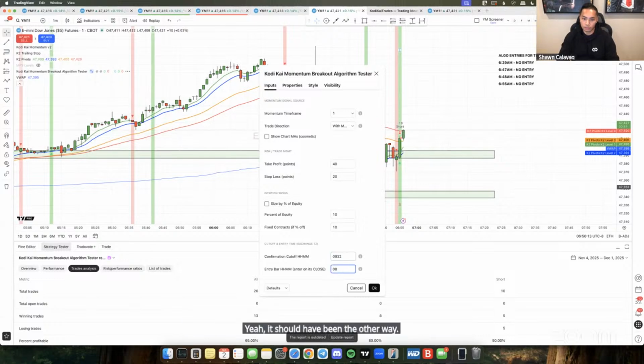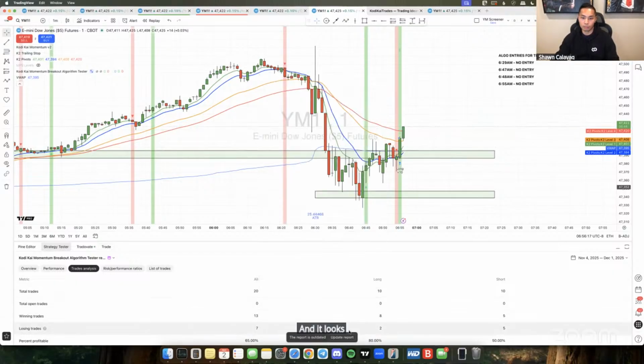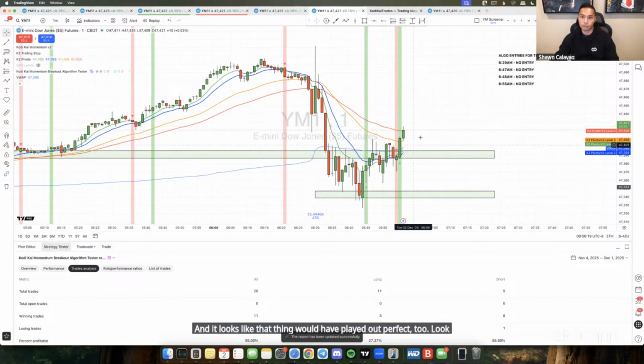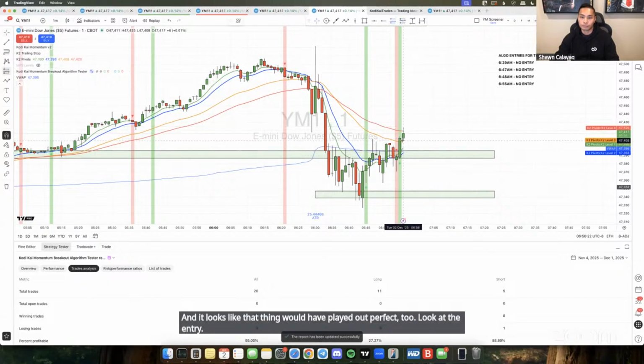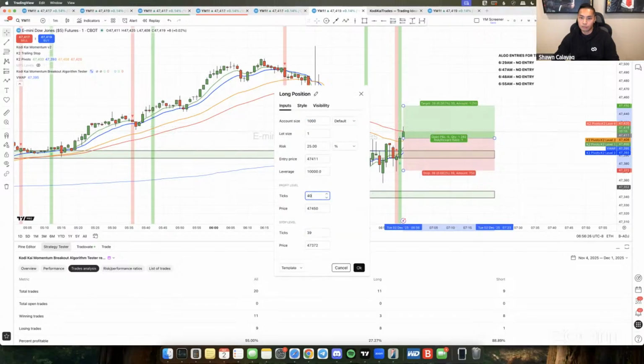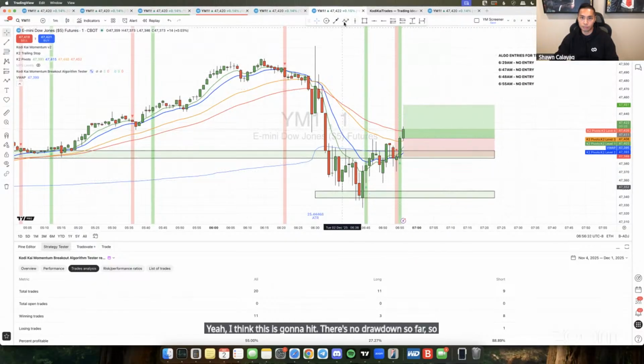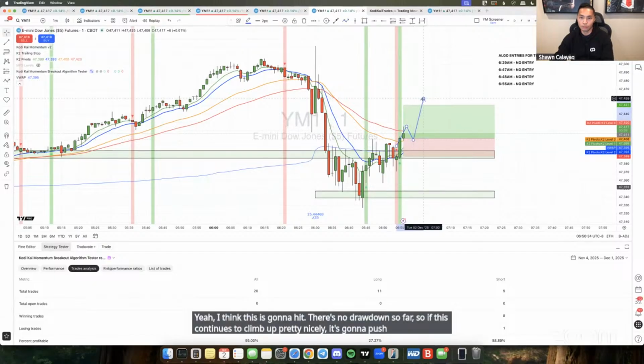It's okay. I'll have to wait for the next one out. And it looks like that thing would have played out perfect too. Look at the entry. Yeah, I think this is going to hit. There's no drawdown so far, so if this continues to climb up pretty nicely, it's going to push right through. But we'll see.